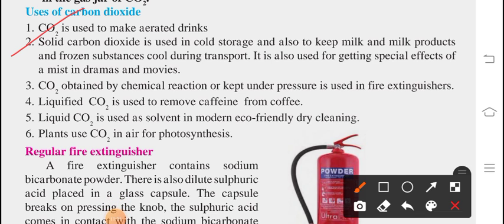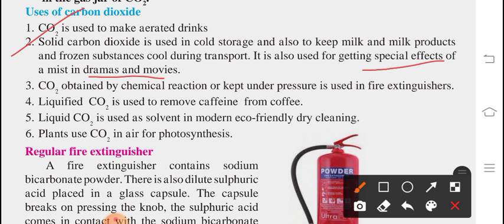Carbon dioxide is used to make ready drinks. Solid carbon dioxide is used in cold storage and also to keep milk and milk products and frozen substances cool during transport. It is also used for getting special effects of mist in dramas and movies.